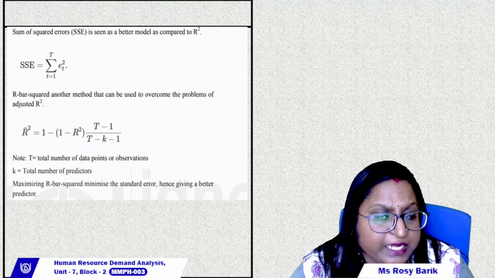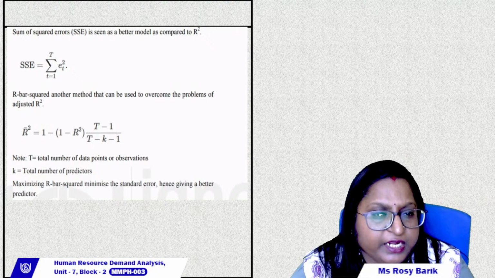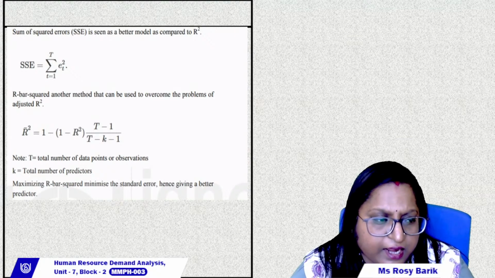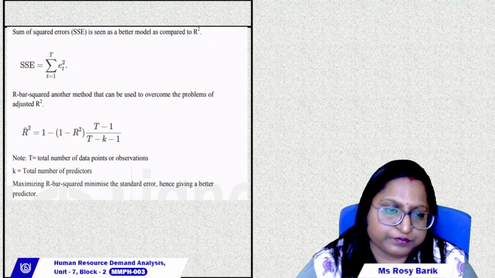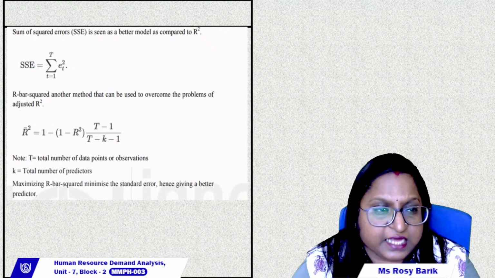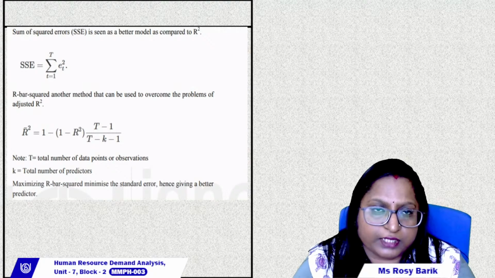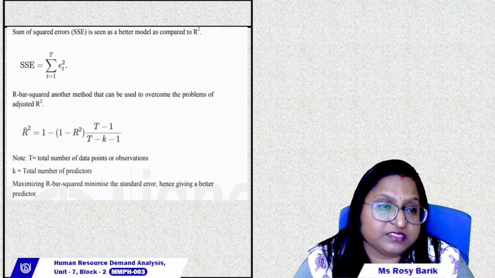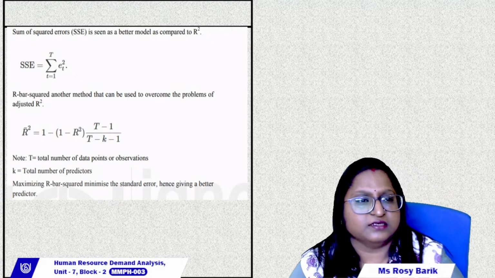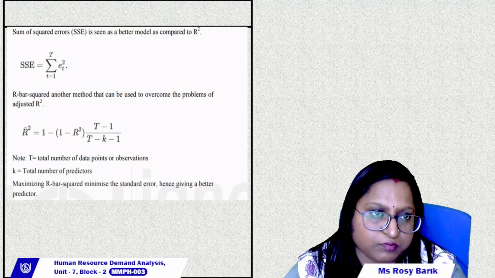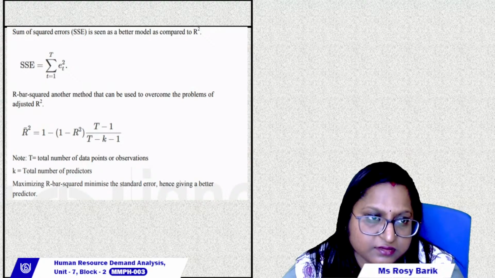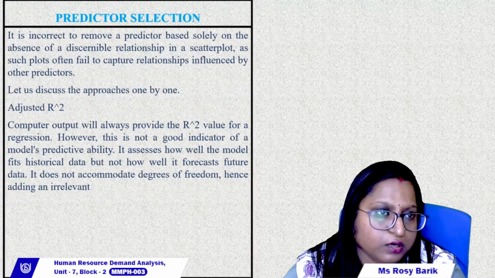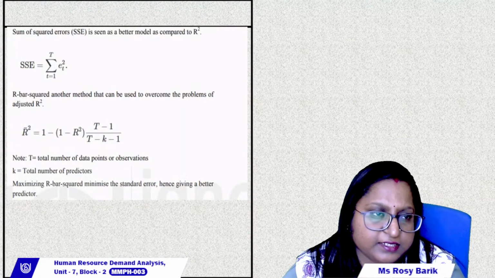So maximizing R bar squared and minimizing the standard error gives a better predictor. The main thing is that we have to maximize the R bar squared value and minimize the standard error. That is the overall summary of predictor analysis.